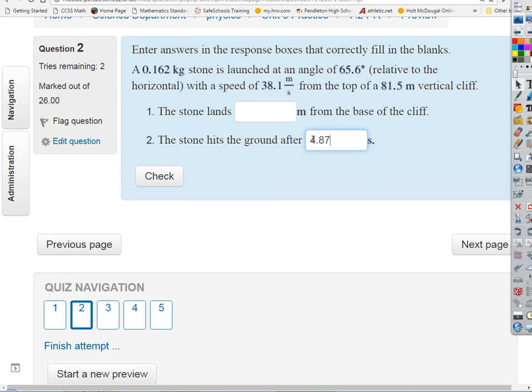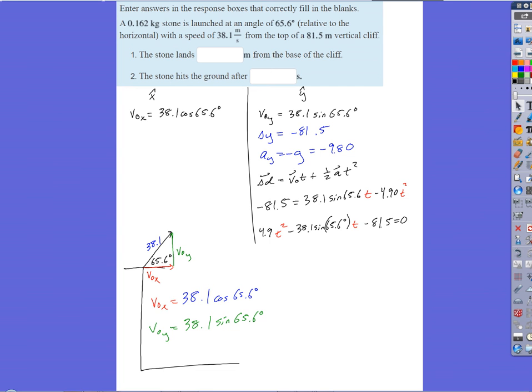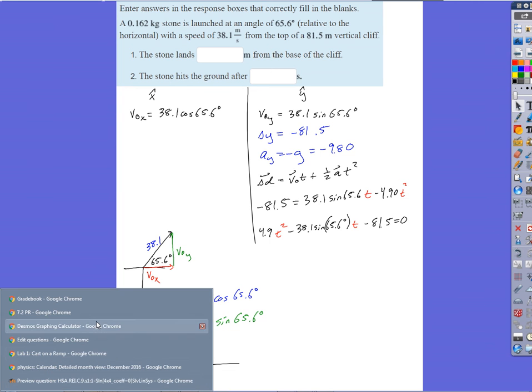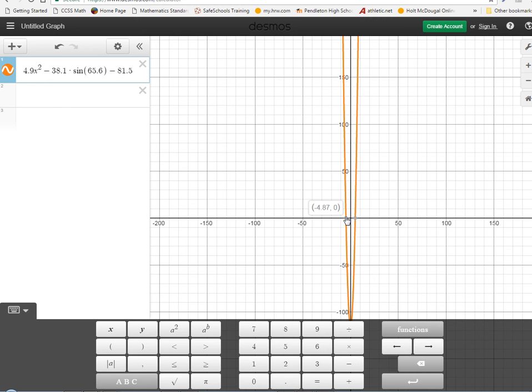I got something within 0.1 of the difference. When I use my numbers, I got 4.79. Those shouldn't be symmetrical, I don't think. That doesn't seem right to me. Mine are not symmetrical.